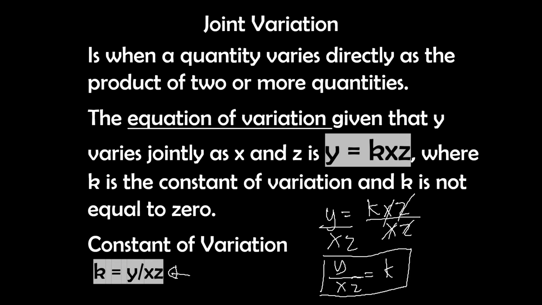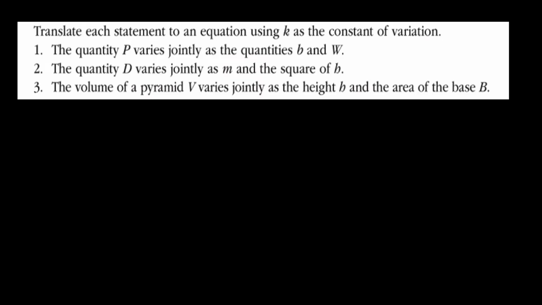So, let's have examples. Okay, we need to translate the following into an equation. Let's translate each statement to an equation using k as a constant of variation. So let's have number 1. Okay, the quantity p varies jointly as the quantities q and w.